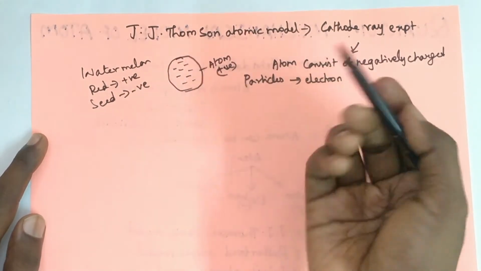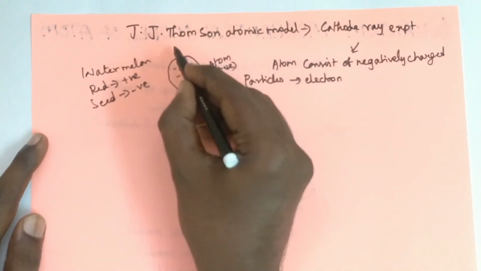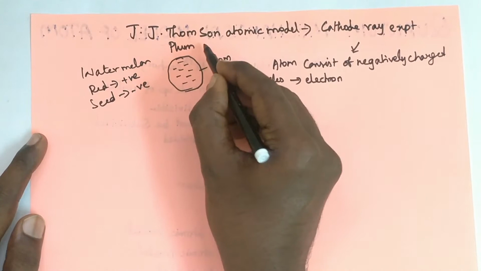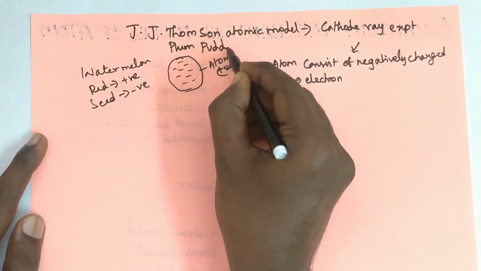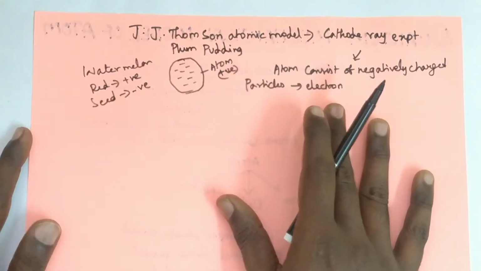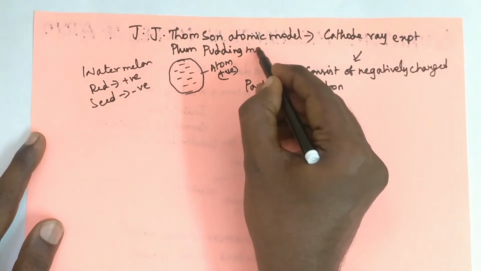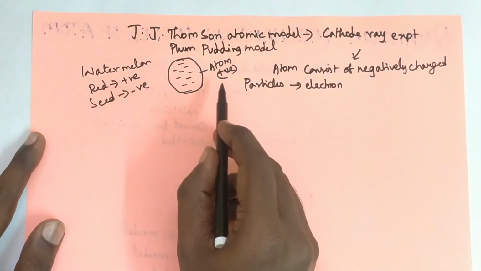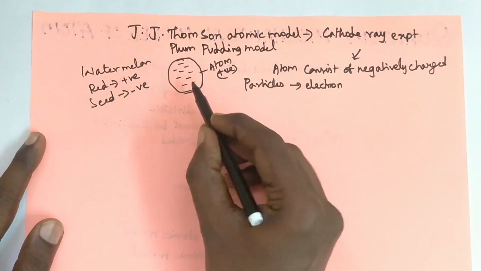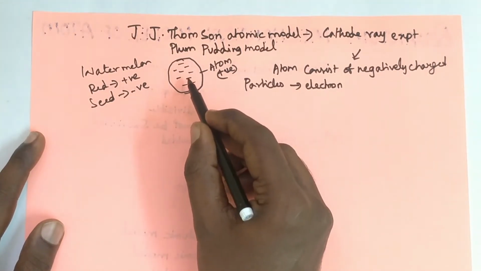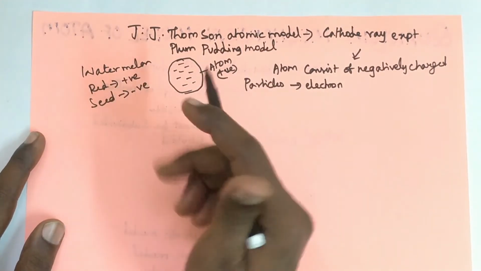This model is also known as the plum pudding model. He said that atoms consist of a positive sphere in which negative electrons are embedded like a watermelon.